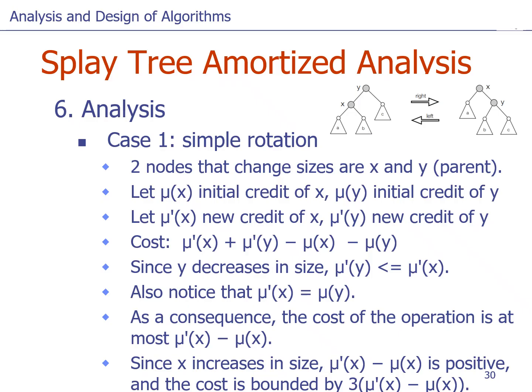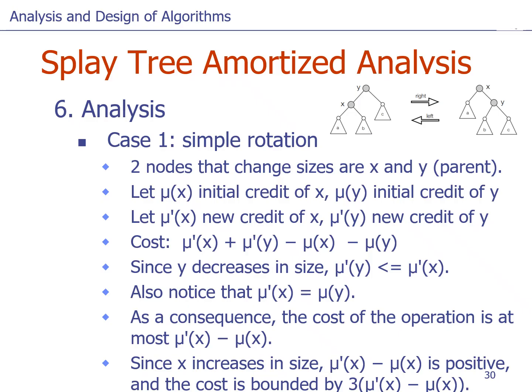Now, as a consequence, the cost of operation is at most mu dash x minus mu x. Okay? In other words, the largest difference you will get is between the bank balance of the new x and the bank balance of the old x. That's the largest difference.